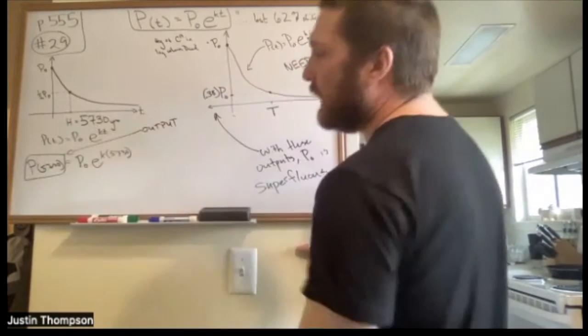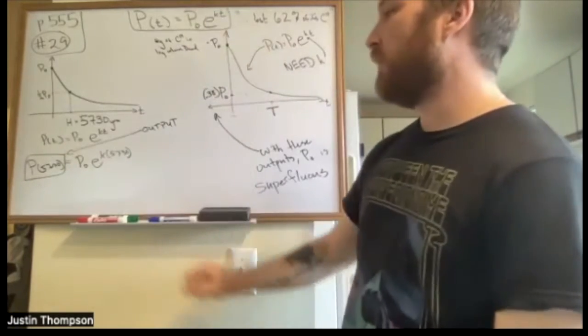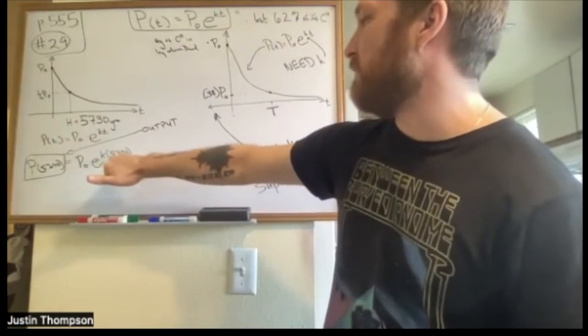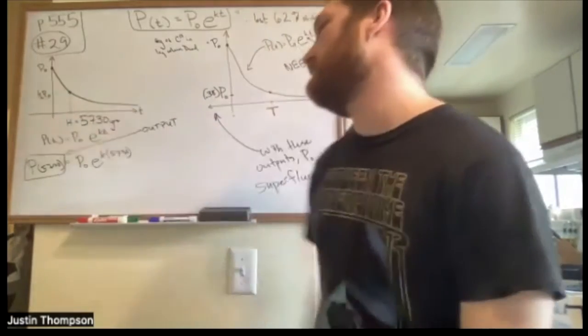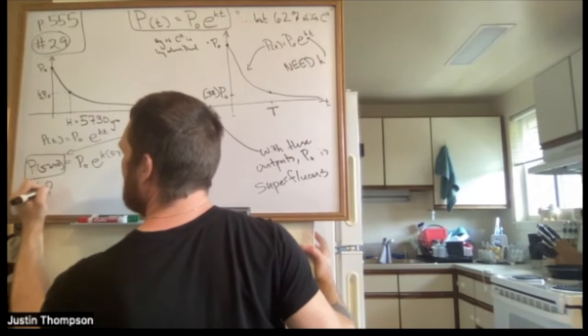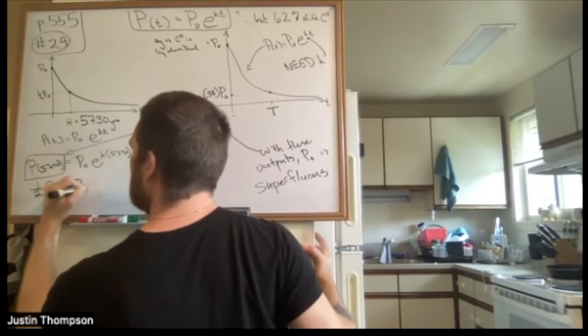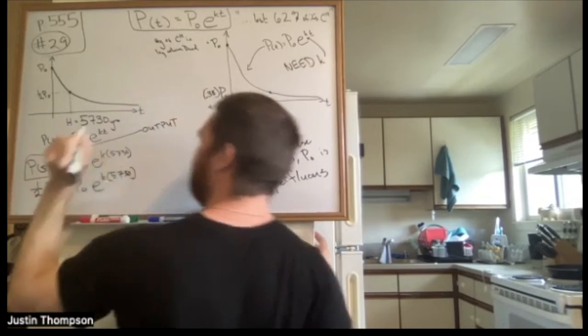That thing, P of 5730, represents the output of this function, which tells me that when the input is 5730, the output is 1/2 P0. And so I'm going to replace the output symbol with 1/2 P0 equals P0 e to the K times 5730.